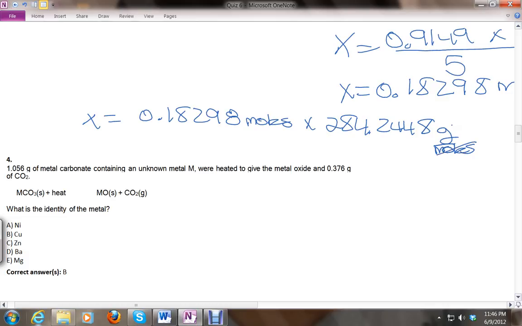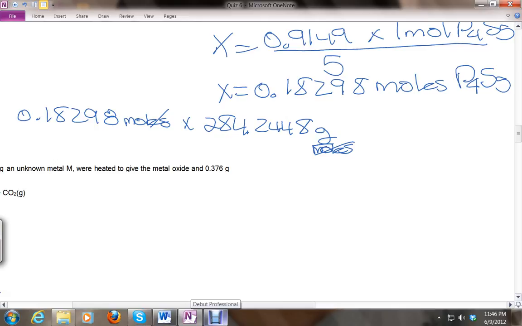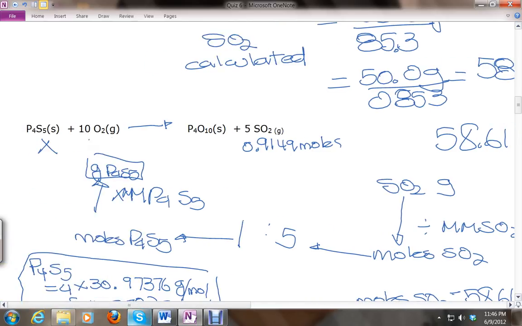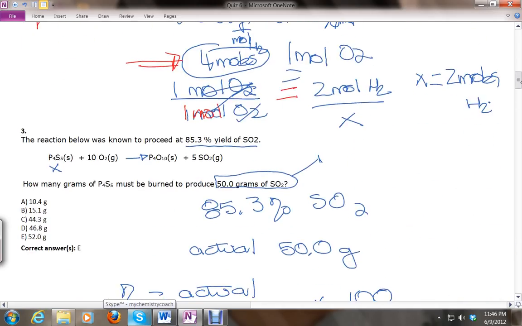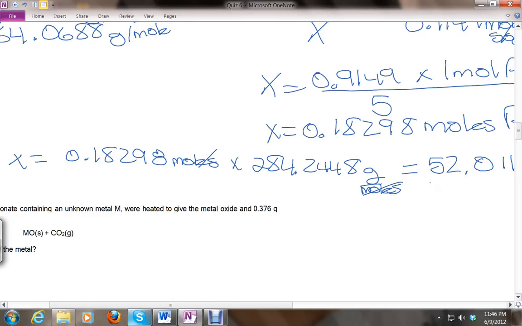And that is going to give us 52.011 grams. And how many sig figs are we talking about here? Let's look at the question. It's going to be 3. Exactly 52.0 grams. And that's what we got. 52.0 grams to 3 sig figs.